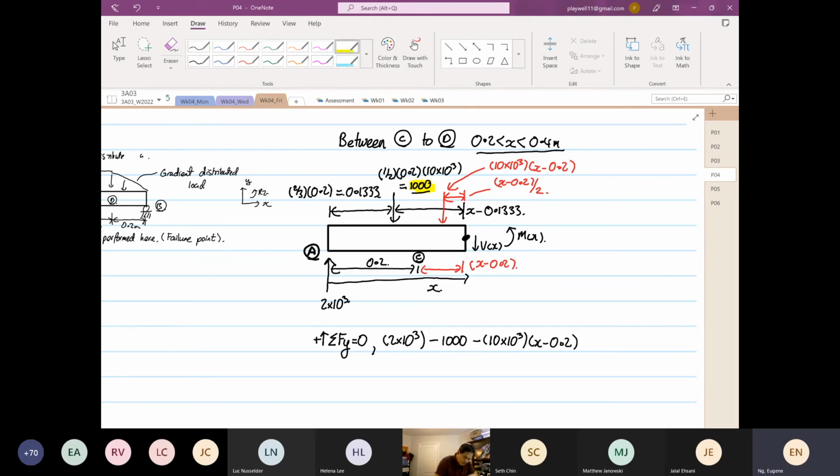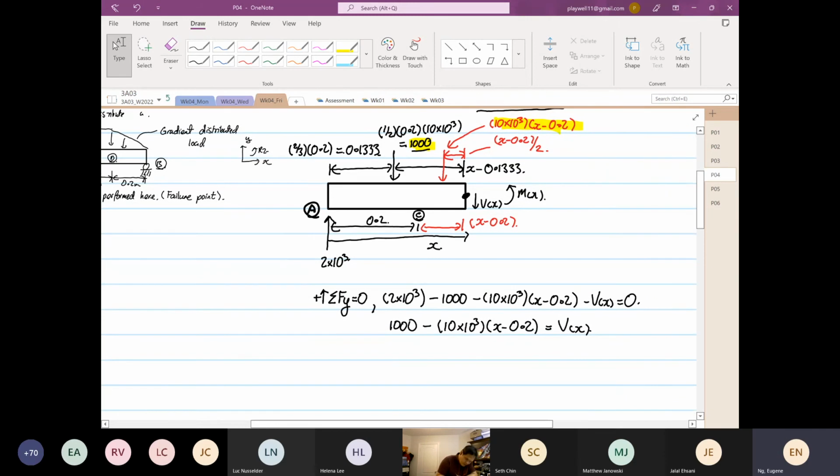Okay, so that is our force. And then the last one is minus V as a function of x, equal to 0. So this will be equal to 1,000 minus 10 times 10 to the power 3 times (x minus 0.2). So this whole thing is V as a function of x.